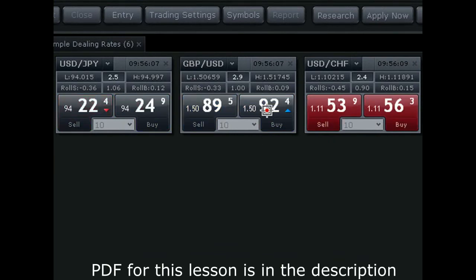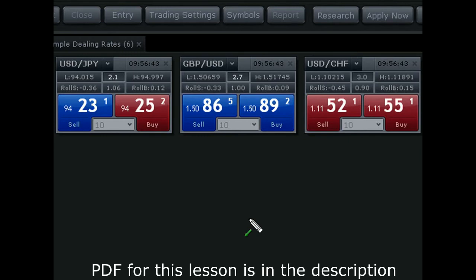And if you look at the 3rd and the 4th decimal place, they're enlarged. So you can actually have a look at what the difference in pips are quite quickly. So it's 1.5088 to sell and 1.5089 to buy. And of course you've got the fraction of the pips, which is the 5th decimal place, which are these smaller numbers.